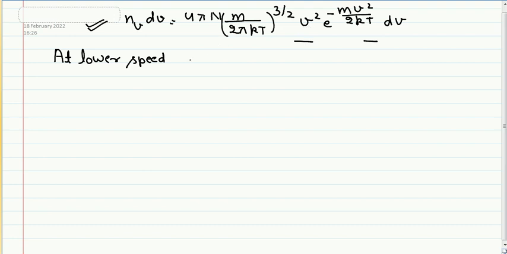It means that the number of molecules will increase with the speed. So N_v dv will be proportional to v² at lower speed.